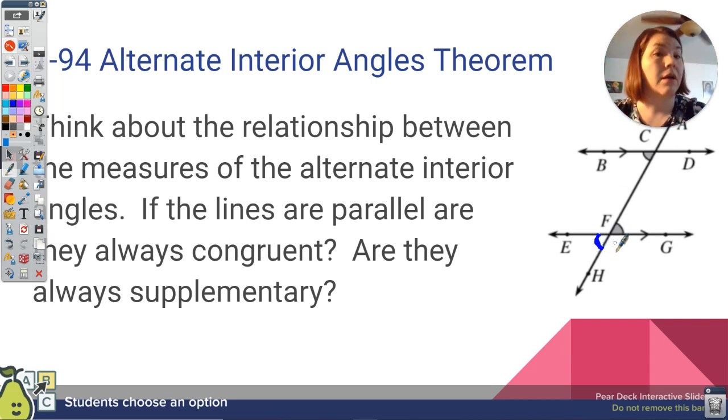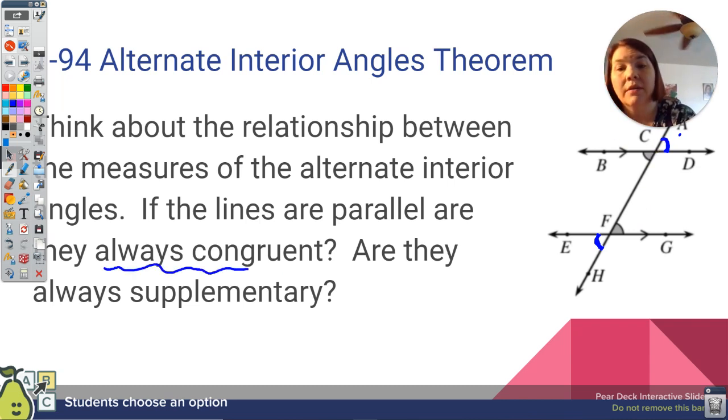That's what we talked about in Friday's lesson, or Thursday's lesson, depending on which class you're in. And then these are vertical angles and they're always congruent. And you can go the other way. These are vertical angles and they're always congruent. And these two correspond and they're always congruent. So these are always congruent. Okay, let's move on.